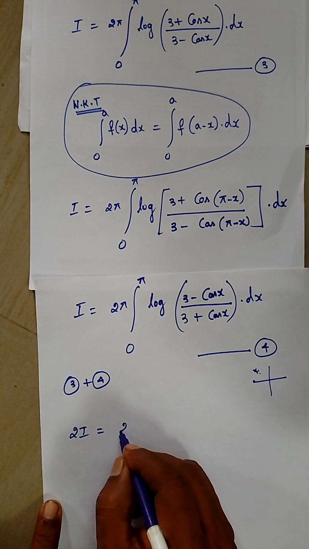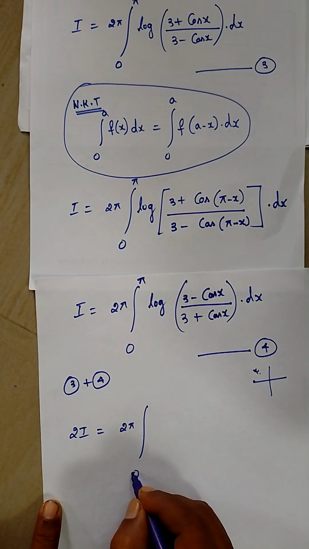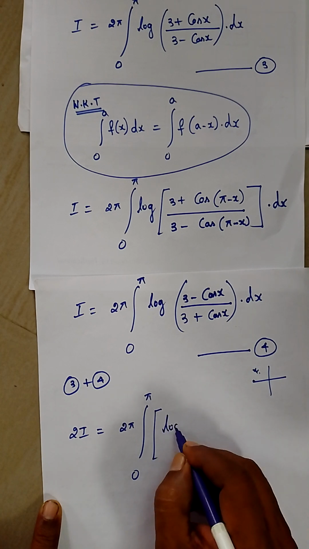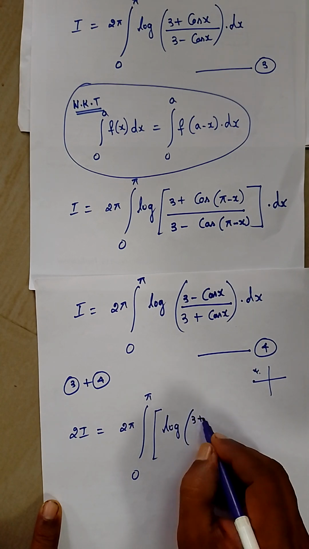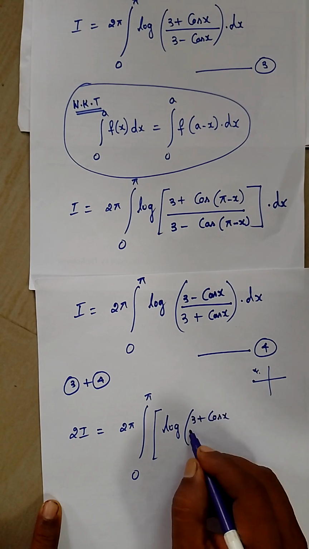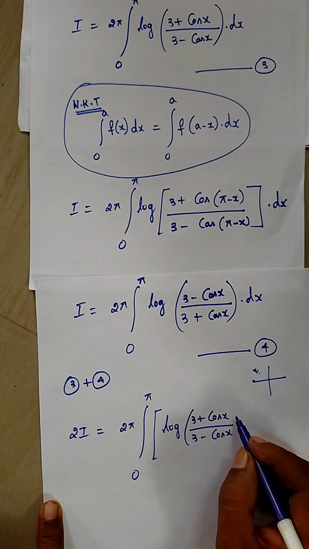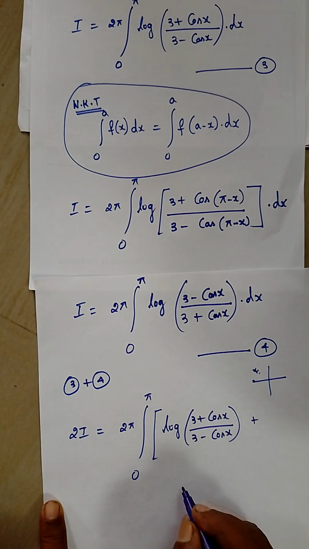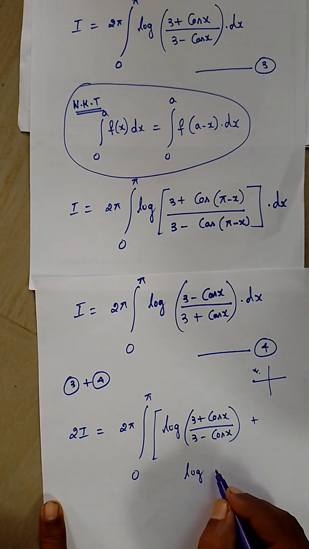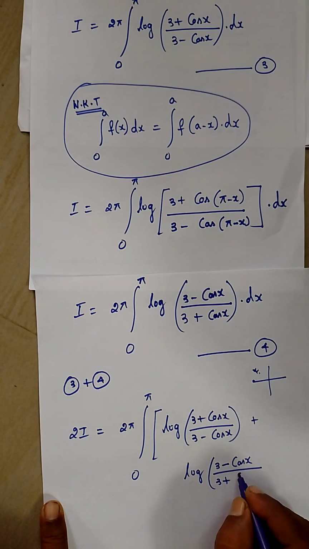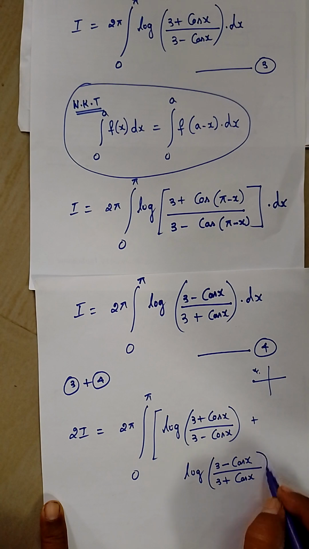On the right hand side, if you add, we get 2 pi integral 0 to pi of log of (3 plus cos x) by (3 minus cos x) plus log of (3 minus cos x) divided by (3 plus cos x) into dx.